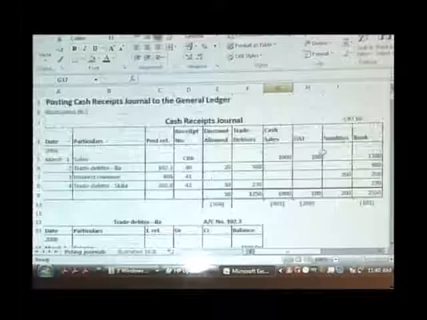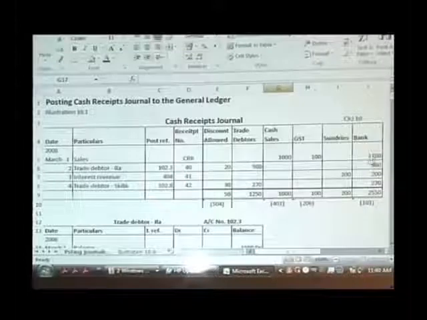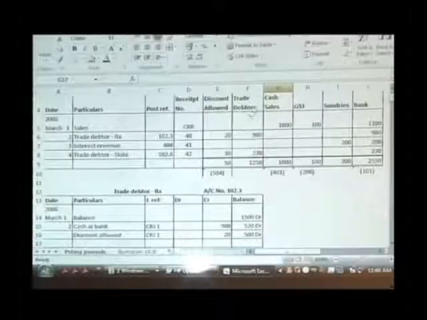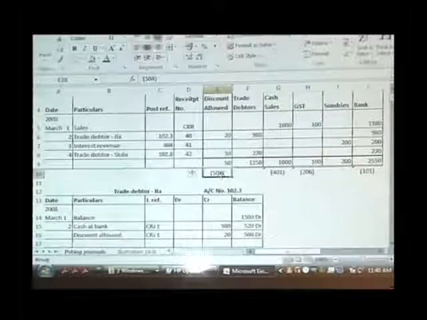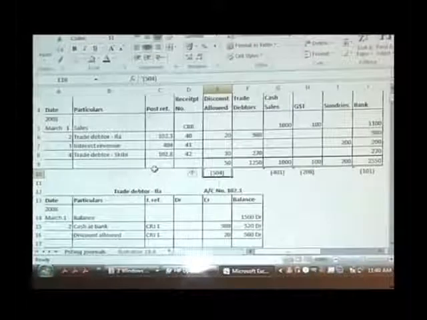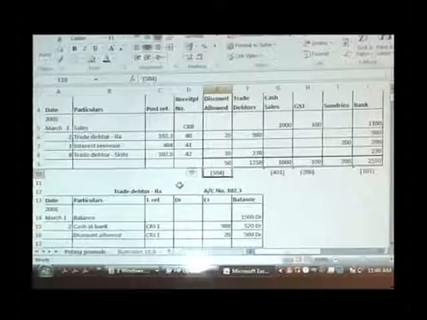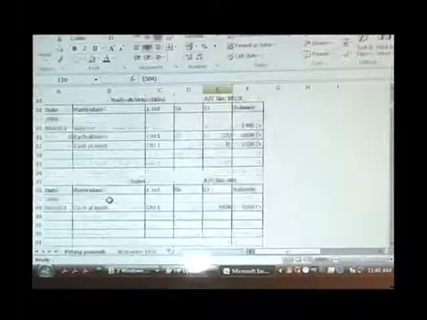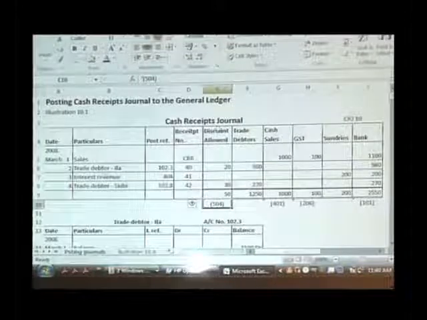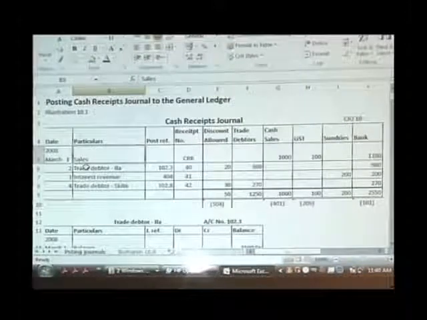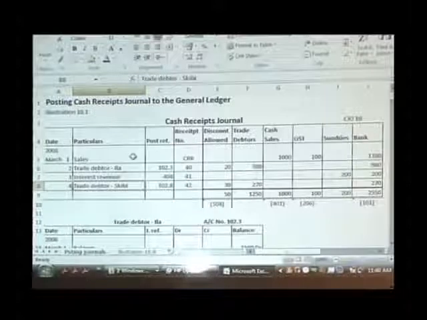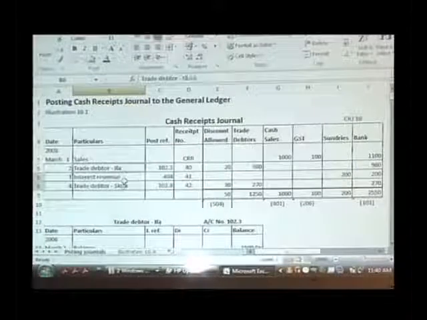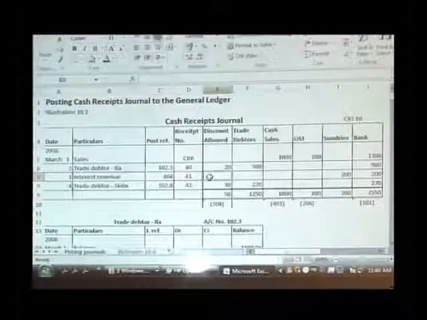Now look at the cash receipts journal. Now we have posted all the entries using the principles that we have learned earlier. So this is the way of posting the cash receipts journal to the general ledger, whether it is 4 transactions or 100 transactions, the same principles are applied.